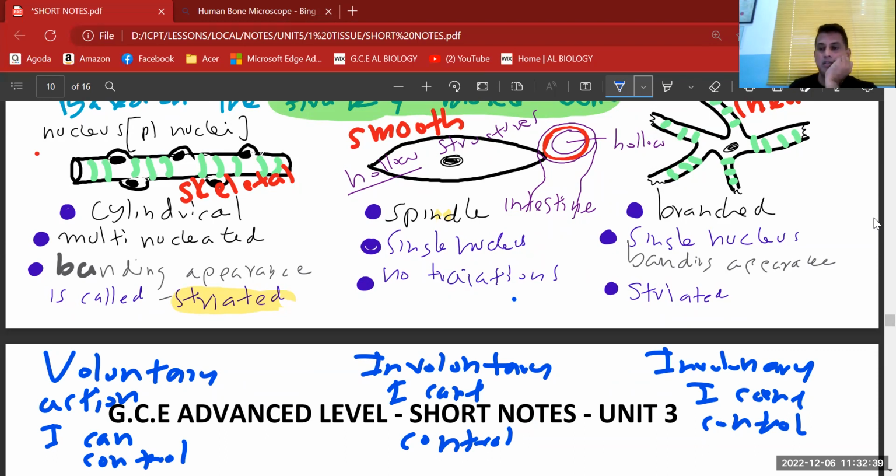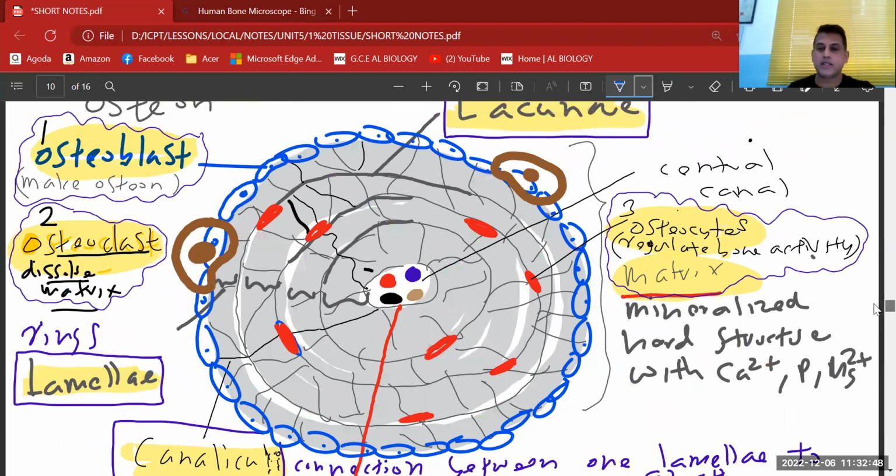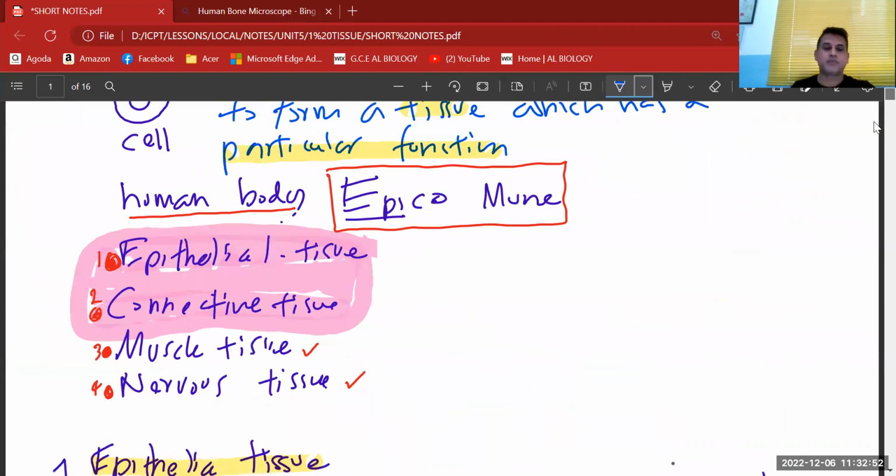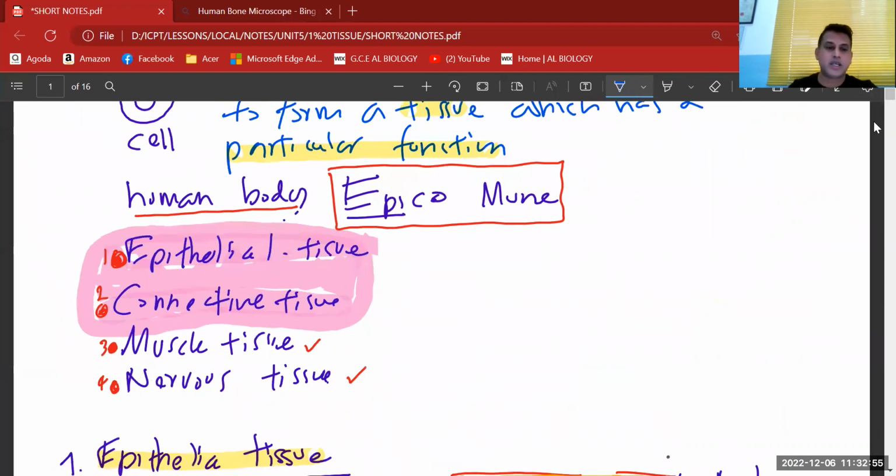I think we are ending the third type, that is muscles. So if you look back at what we did so far, we learned epithelial tissue. Epithelial tissues are the cells which cover the surface, for example skin, or maybe internal structures, like inside of the bladder, inside of the intestine.